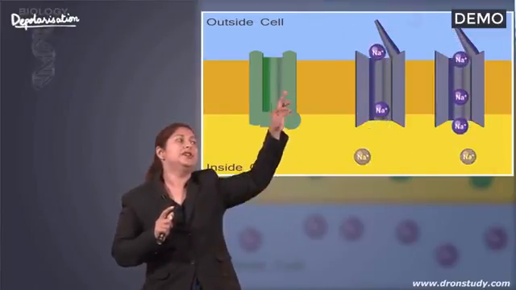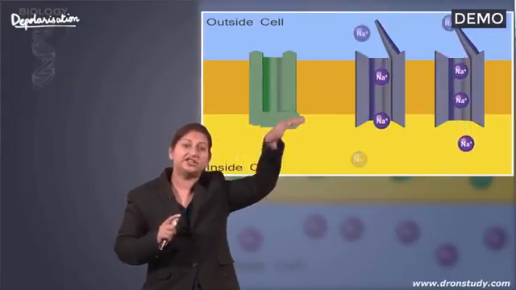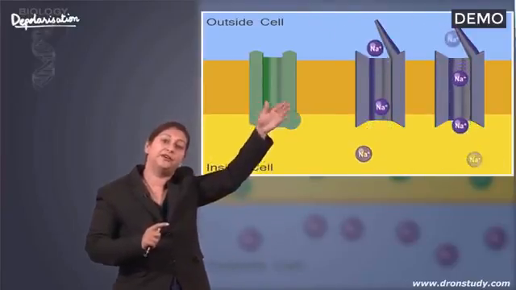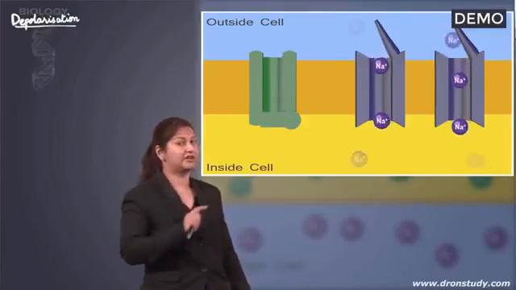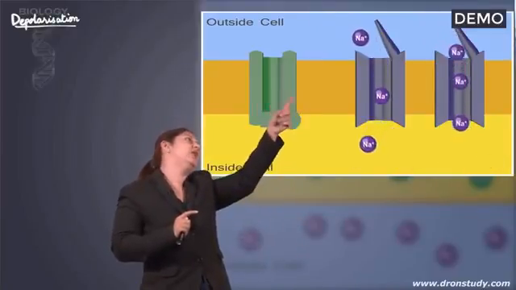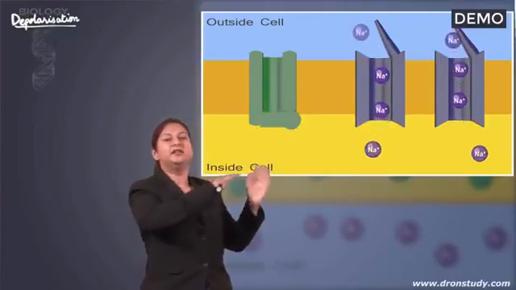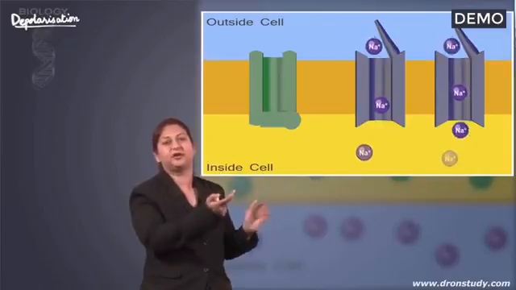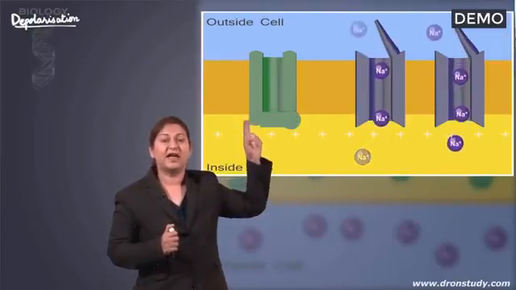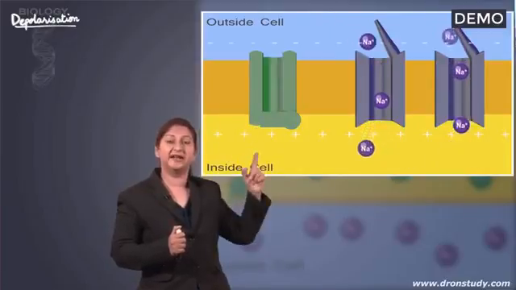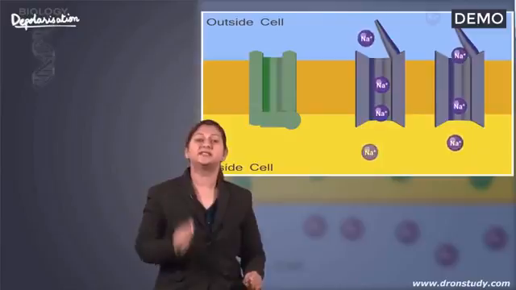The changes in the electrical difference are going to initiate the opening of the further sodium gates, which are the voltage gated ion gates. As the sodium keeps on entering inside, there is a shift of the charges. Inside it will become positive and outside it becomes negative, and that is the depolarized state.